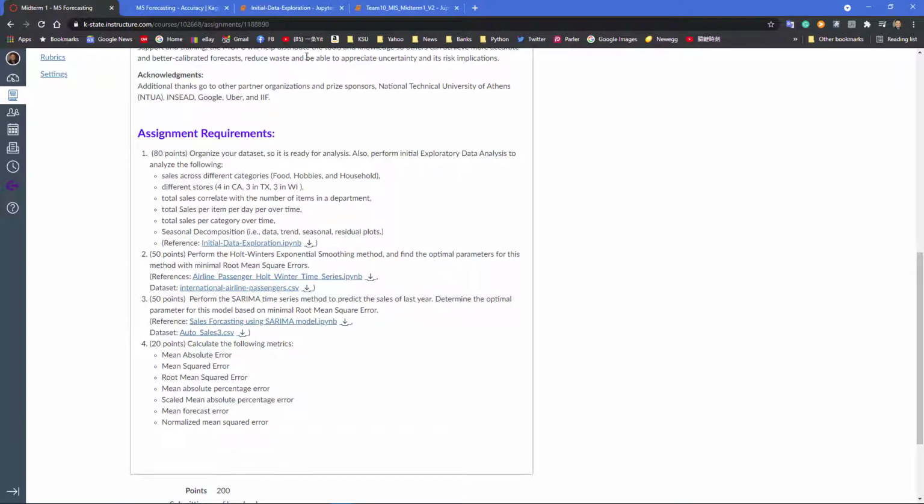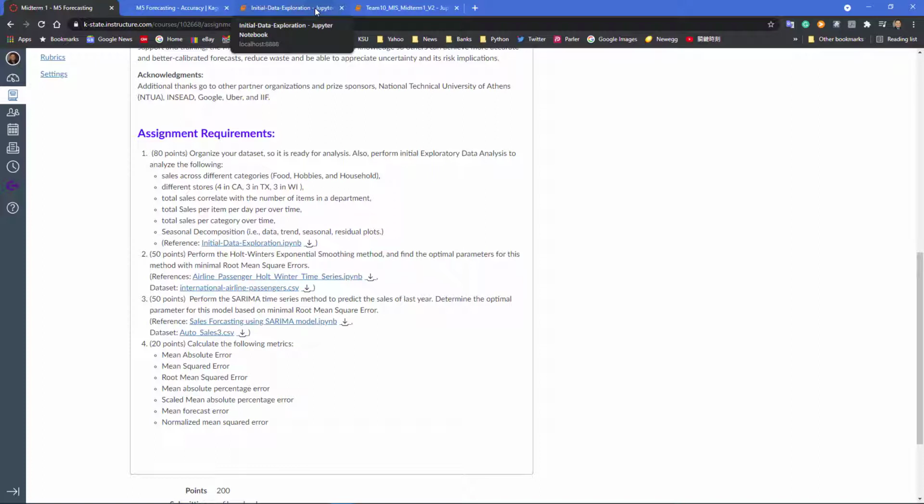These are the things you can perform, but you need to take your objective. Are you doing store by store compared to the overall sales, or a category by category time forecast, or by region time series?